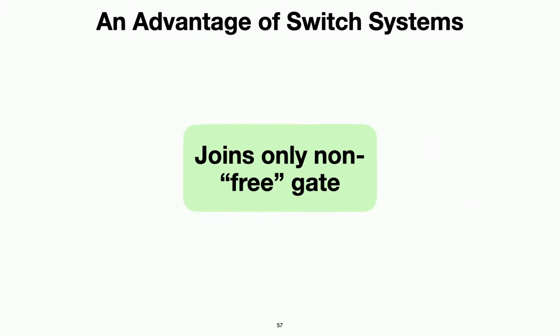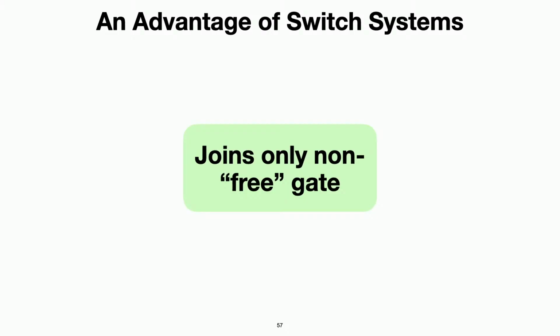Okay, so let's do something more interesting. What I want to leverage is, again, this fact. We're going to work towards multiplying values inside of a garbled circuit based on this switch system abstraction that I've given you. One of the high-level things I want to bring back up is that these joins, the things that just say these two wires are equal to each other, are the only place where our garbled circuit grows.